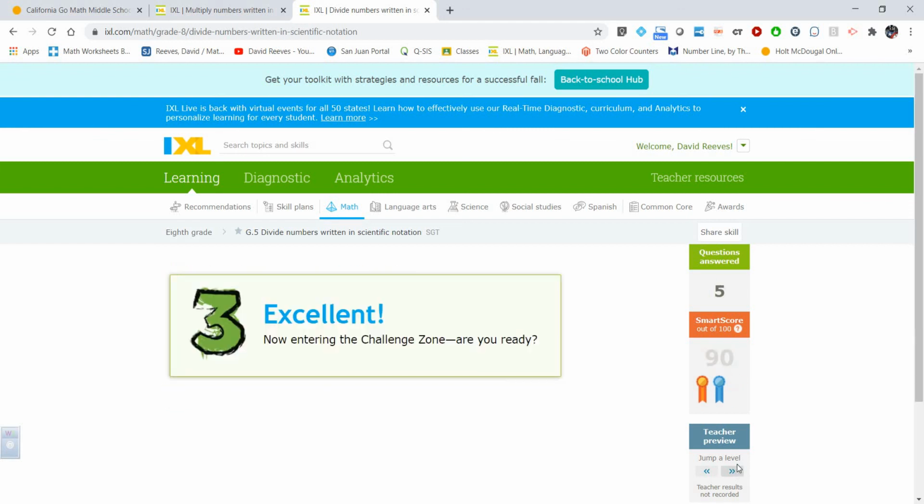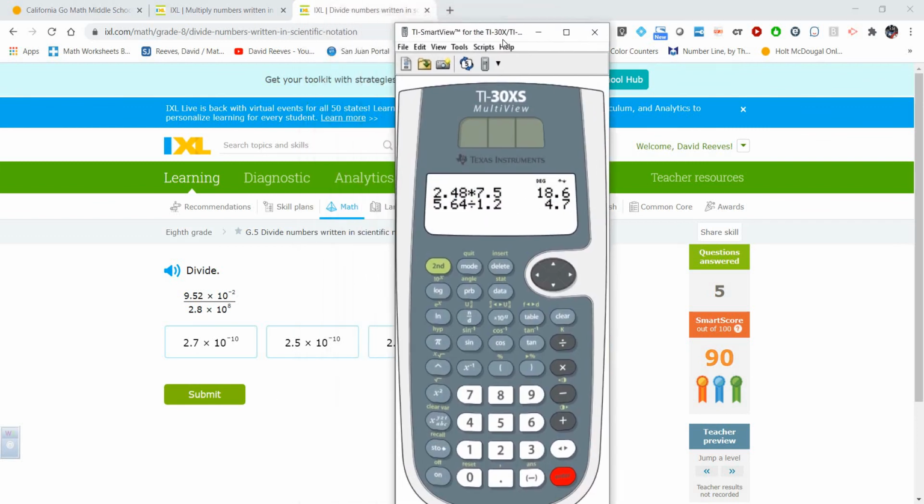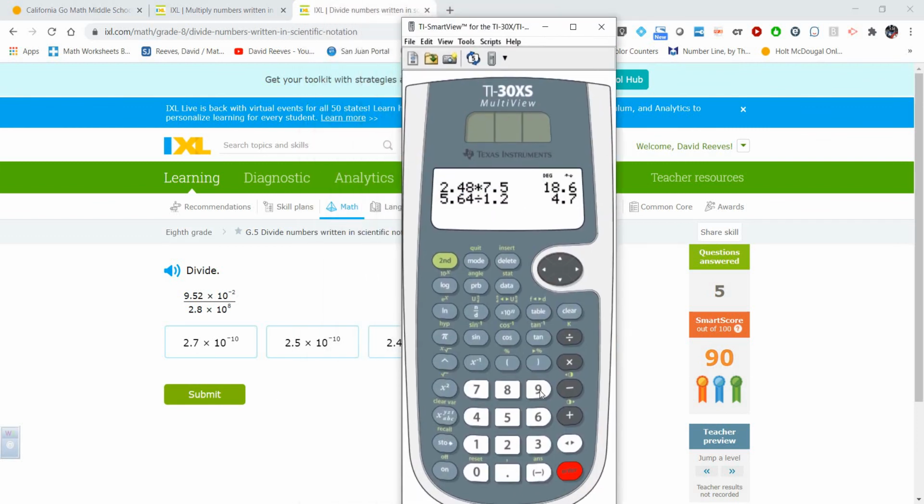All right. Is there a challenge zone? All right, what do we got here? 9.52 divided by 2.8. Again, maybe if I wasn't having to use a calculator, it would be more challenging. But again, I'm assuming you know how to do this without a calculator. But this isn't the time I want you spending on.